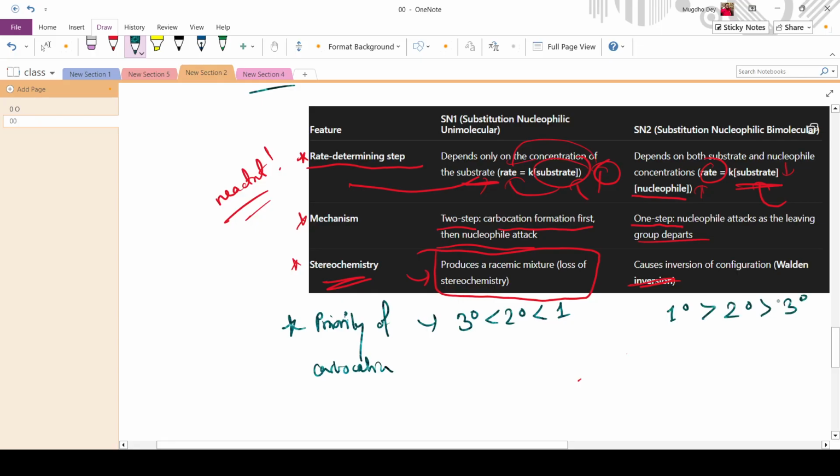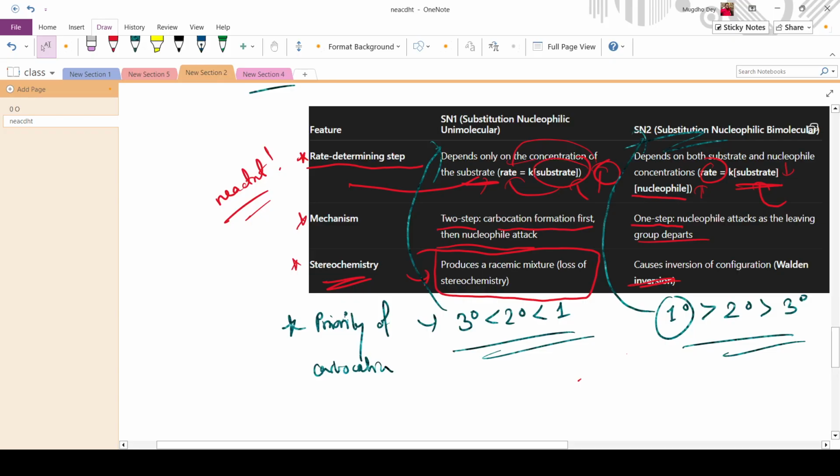Am I clear? So what I'm trying to say is that tertiary carbocations are more likely to go towards the SN1 pathway, and primary carbocations are more likely to go through the SN2 pathway. Am I clear?